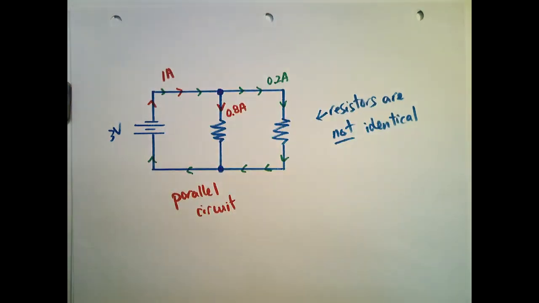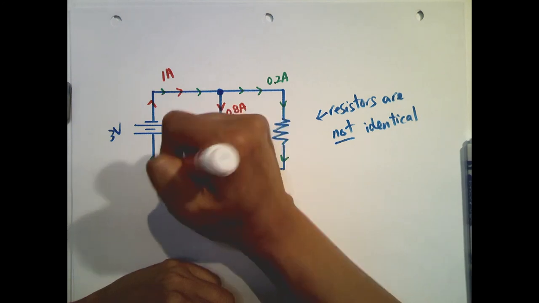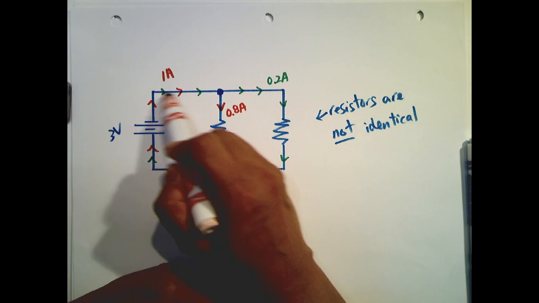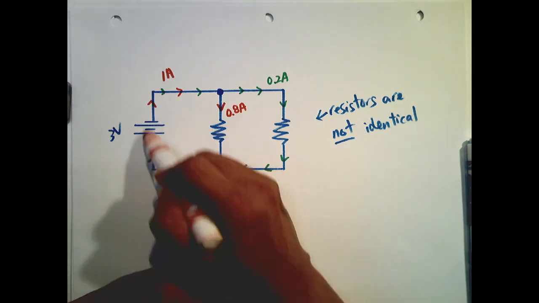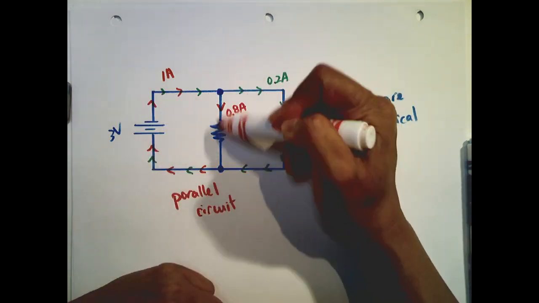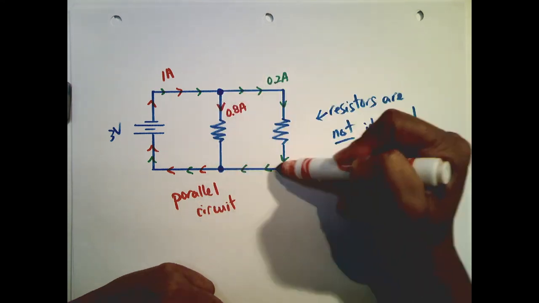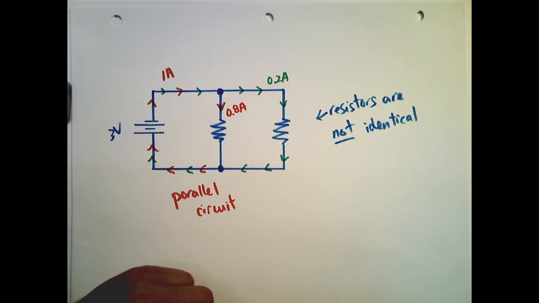So let's fill out the colors. So between this junction and that junction, that's the other branch, that's 1 amp. This junction to this junction is 0.8. This junction to that junction is 0.2. All right.